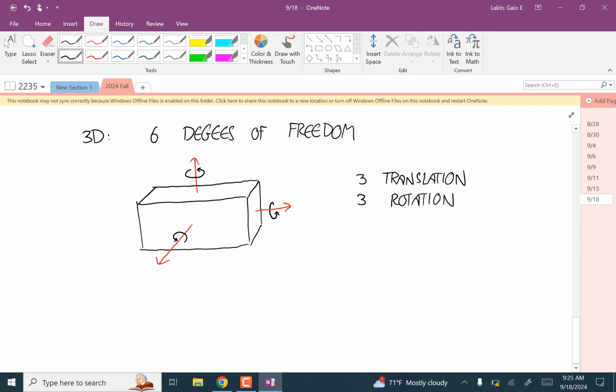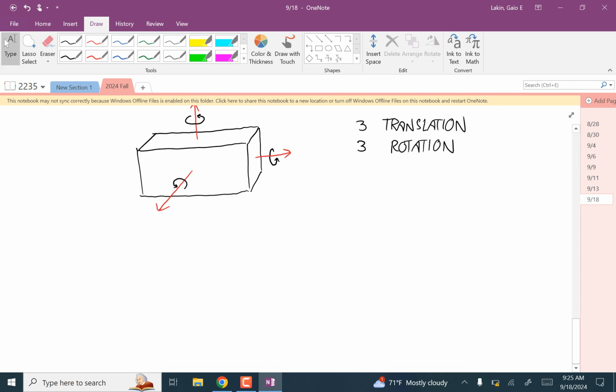And in going through these joints, we're going to think about it the same way we did in 2D. Anytime a translational degree of freedom is eliminated, there's going to be a force that does that. And anytime a rotational degree of freedom is eliminated, there's going to be a couple that does that. Okay? So here's a list of 3D joints.